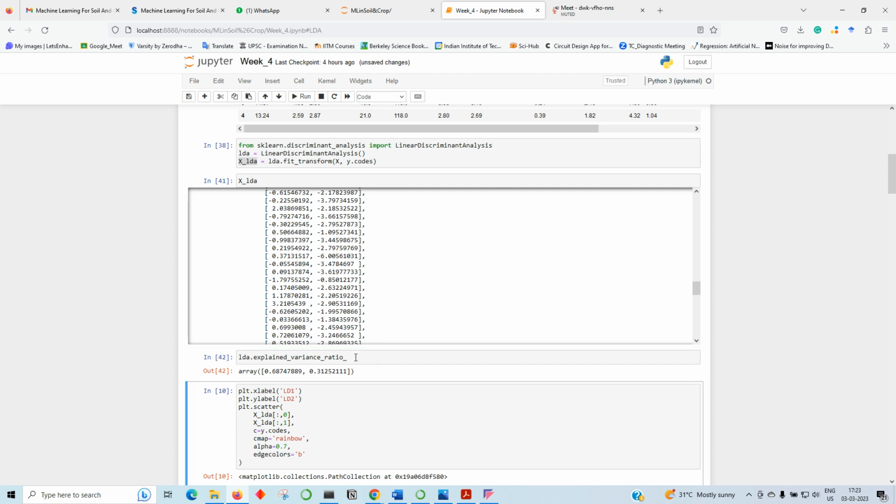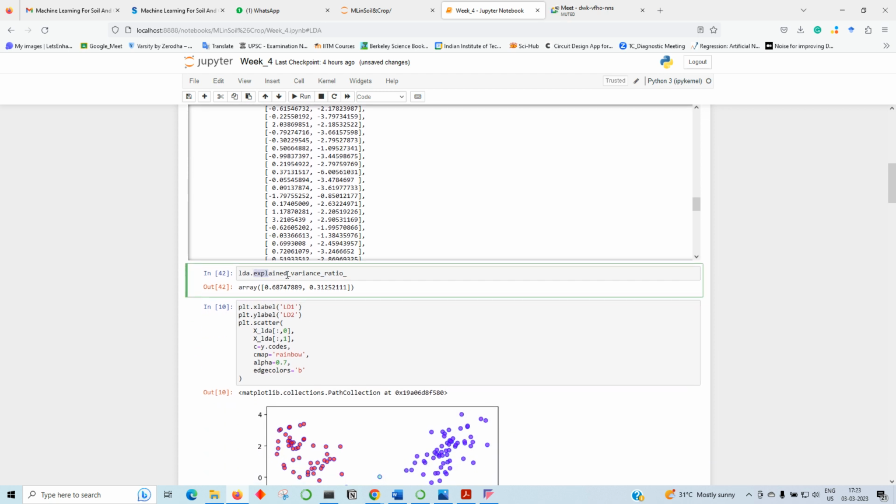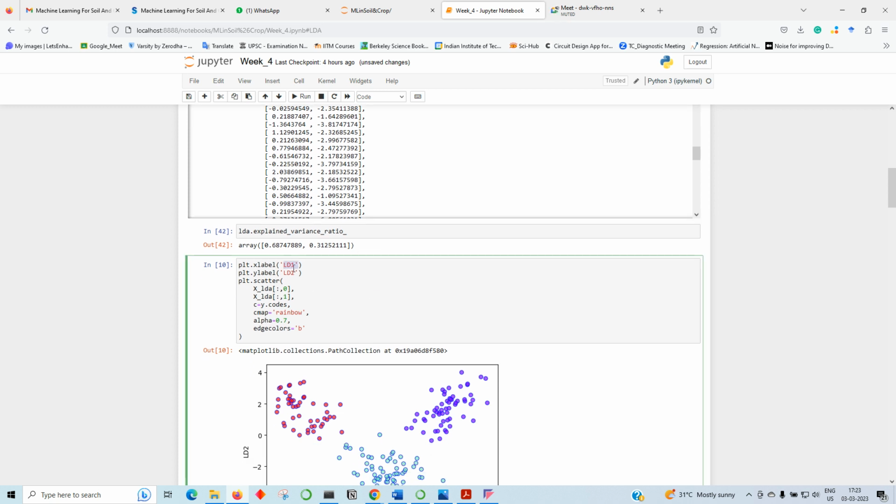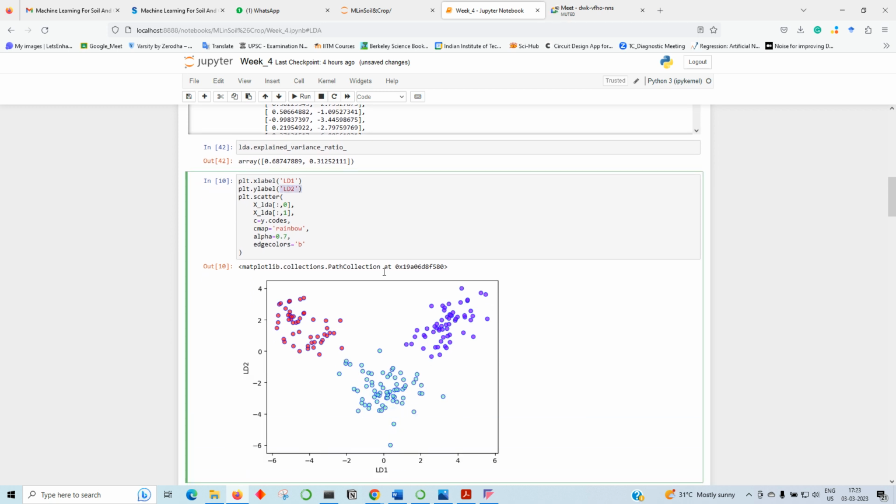Same as in PCA, the explained variance ratio stores how much variability is explained by each of the axes. We can see that one axis explains 0.687 and the other axis explains 0.3125. So we'll use these two axes, LD1 and LD2, and plot them to see how good a job it has done classifying our data.